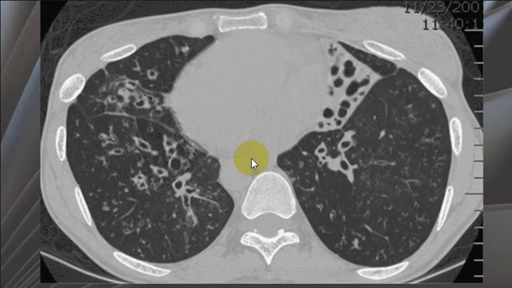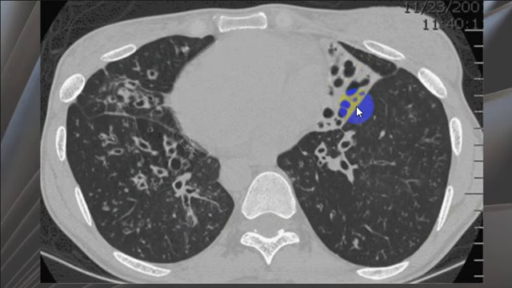On the CT scan of this patient, we see that bronchiectatic changes involving both lower lobes and the middle lobe.